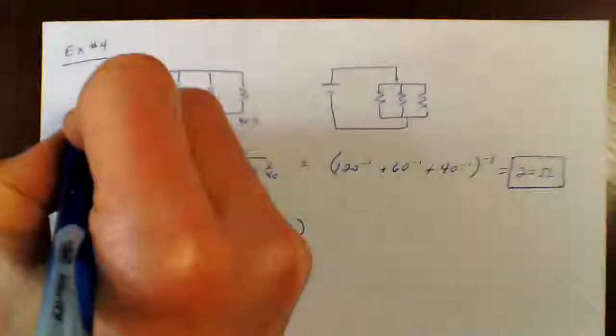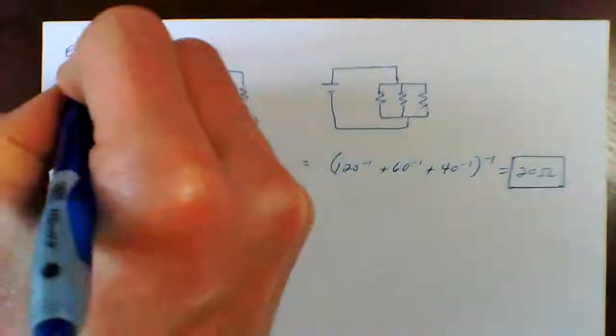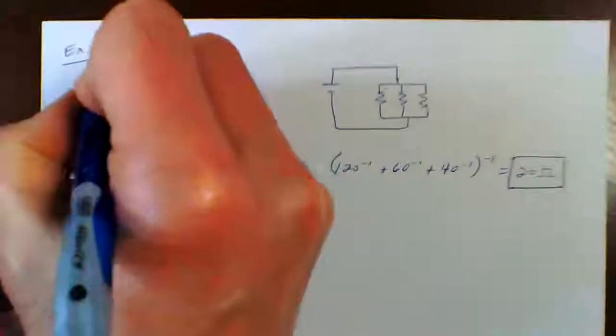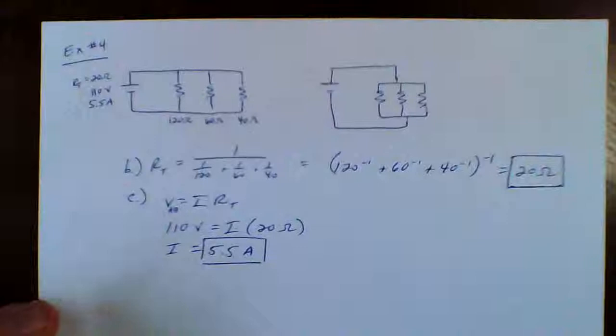I'm going to go ahead and label that here, 5.5 amps, and I'm going to say R_T equals 20 ohms. Now, it says what is the voltage drop across each resistor, and then it asks for the current through each resistor.